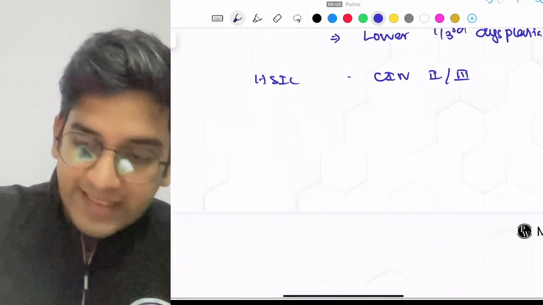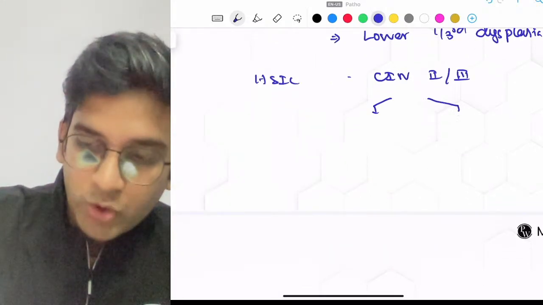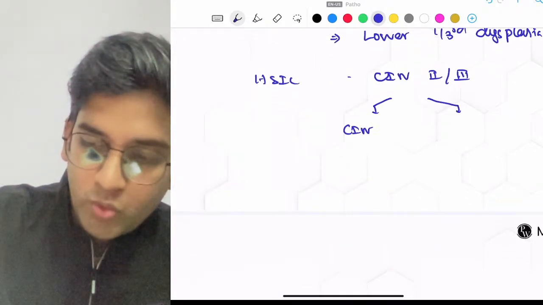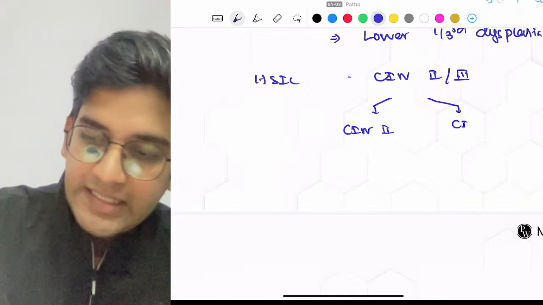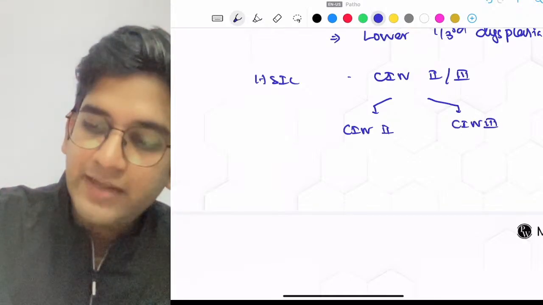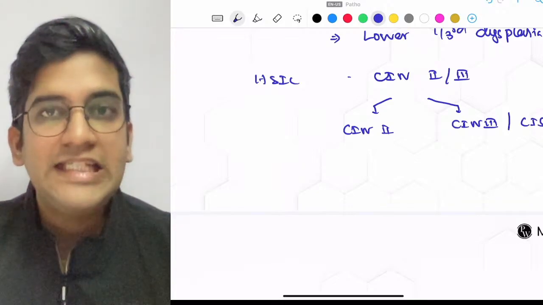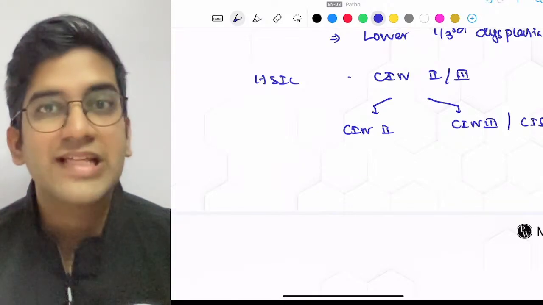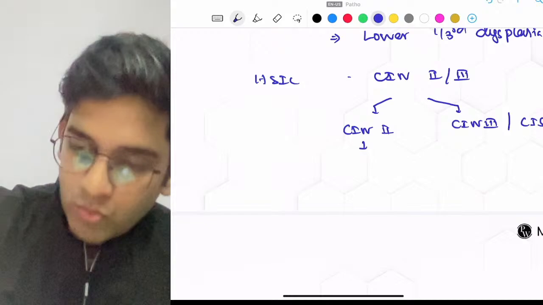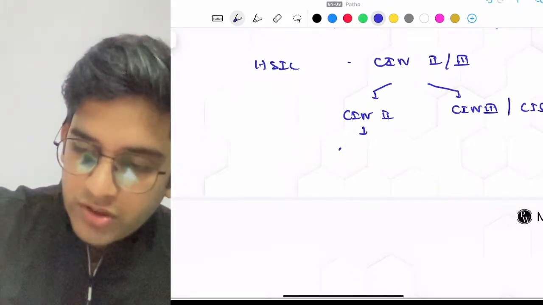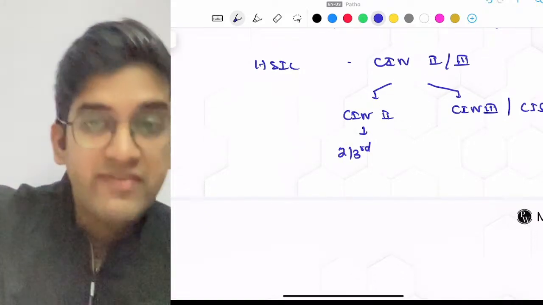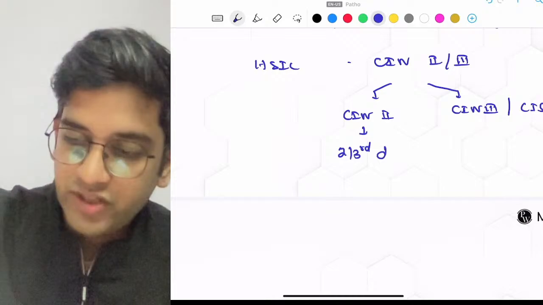Fine. When I take HSIL, like I said, I divide it into two parts: CIN2 and CIN3. The other name for CIN3 is CIS. Can anyone tell me what does CIS mean or what does IS mean? In CIN2, I have 2/3 dysplasia. Previously it was lower 1/3, here 2/3 dysplasia.